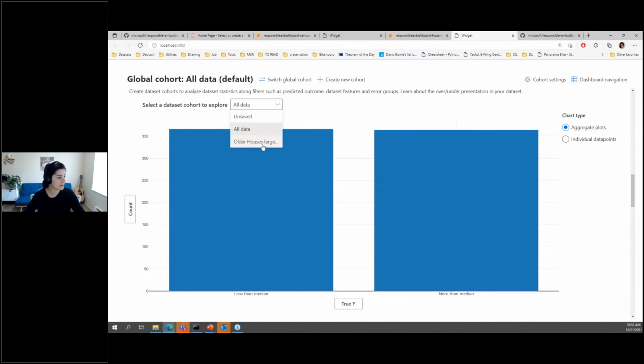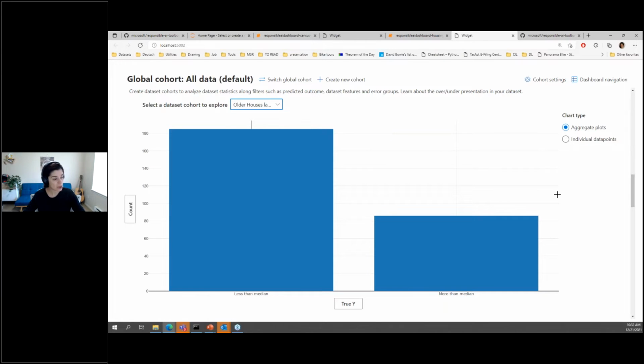However, when we look at this other cohort, the older houses, we see that the distribution here is a lot more imbalanced, meaning that the prior is not the same as for the whole data.